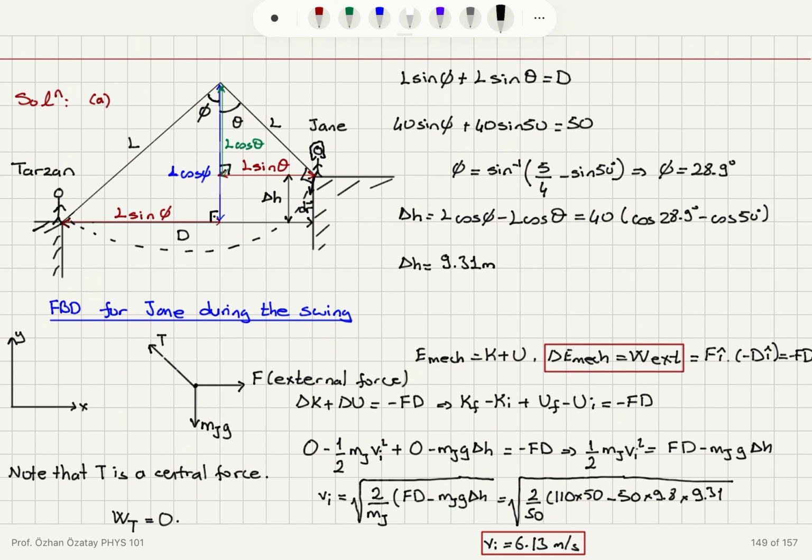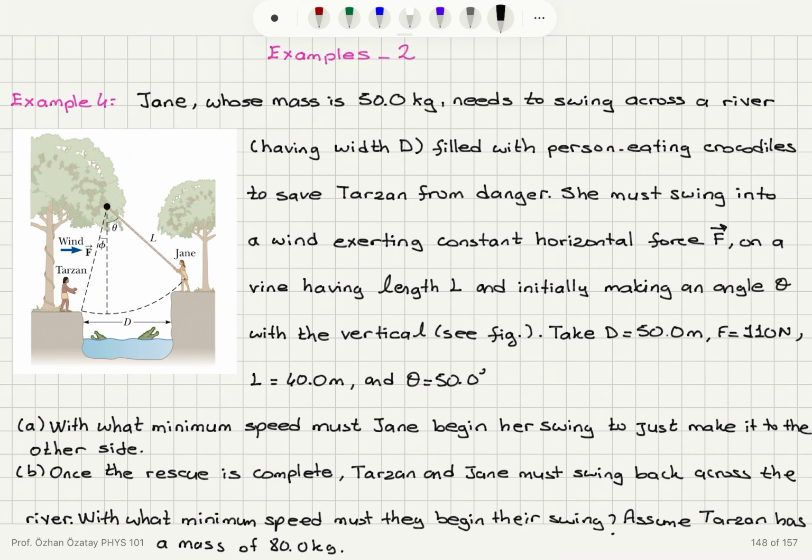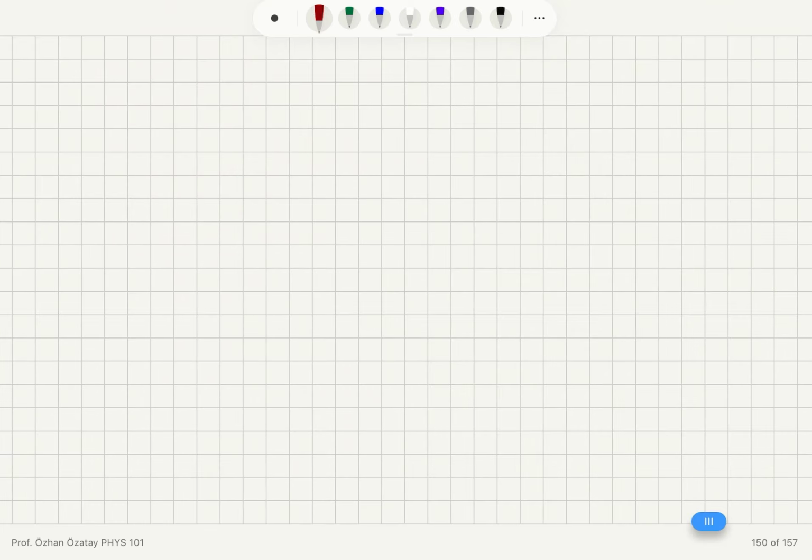Okay, so this was part A of the problem. Now part B: once the rescue is complete, Tarzan and Jane must swing back with what minimum speed? In part B, again we're going to have a change in the kinetic energy plus potential energy of the system due to the external work done, because there's still the wind blowing, and the total mass of Jane and Tarzan is 80 plus 50, which is 130 kilograms.